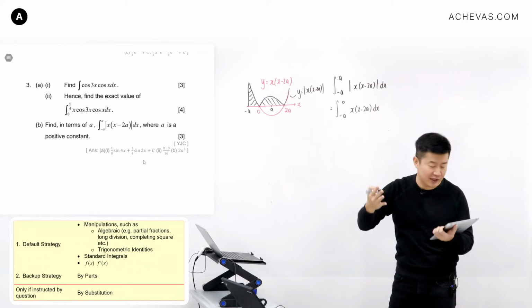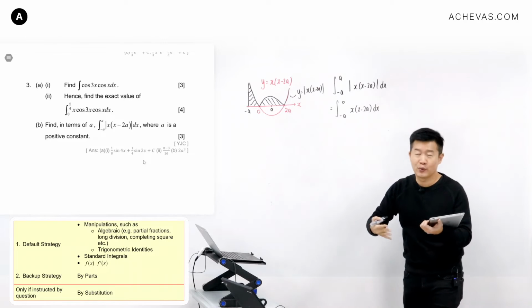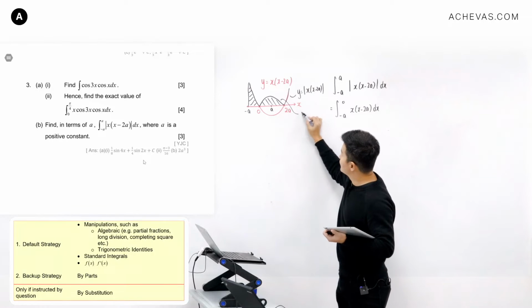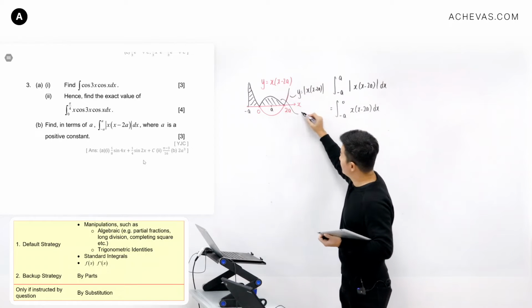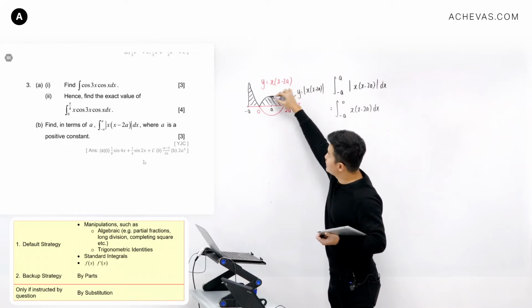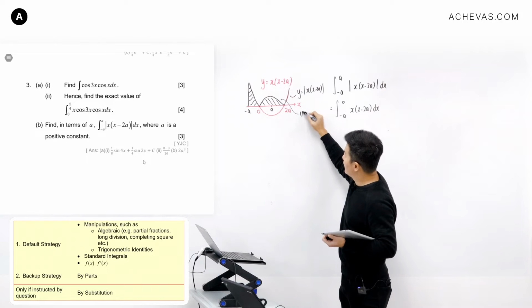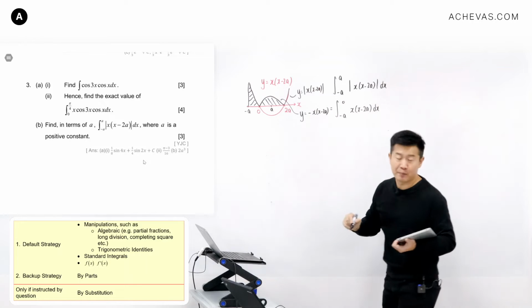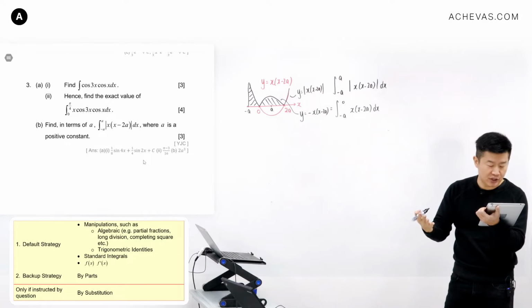So if it is reflected about the x-axis, it is going to go through a transformation where the new graph is going to be multiplied by negative, which means that just for the top portion of the graph, it has an equation of minus (x minus 2a), because it is a reflection of the original graph.